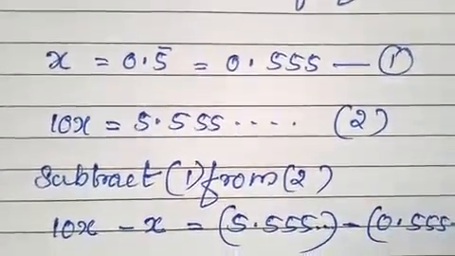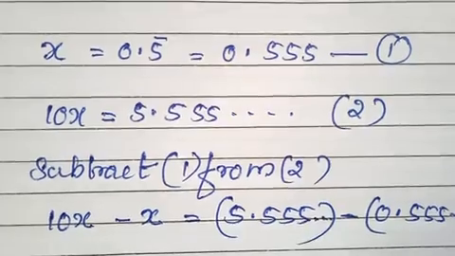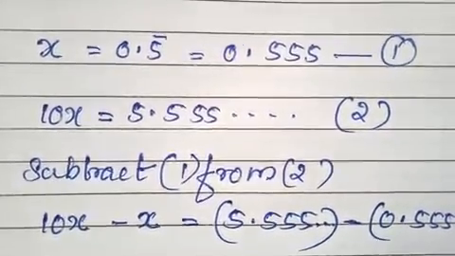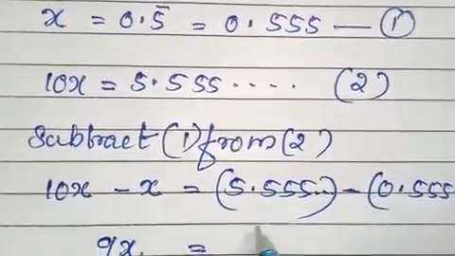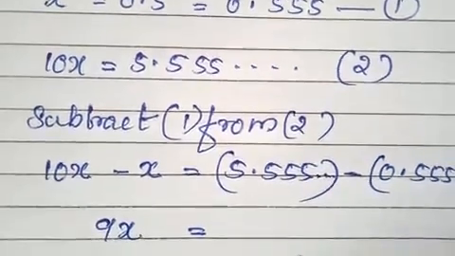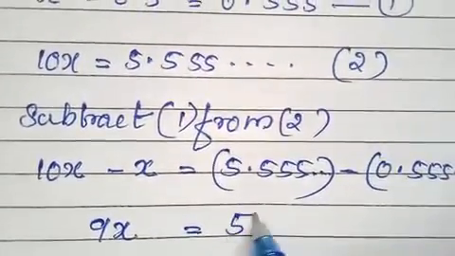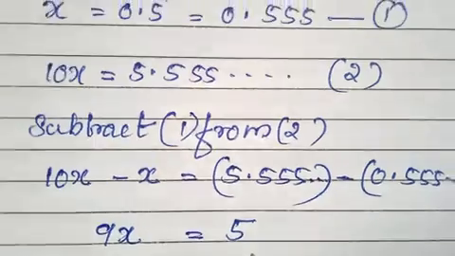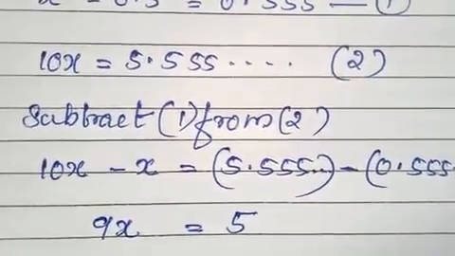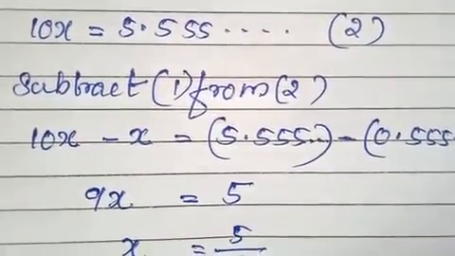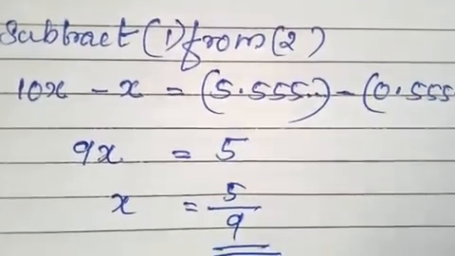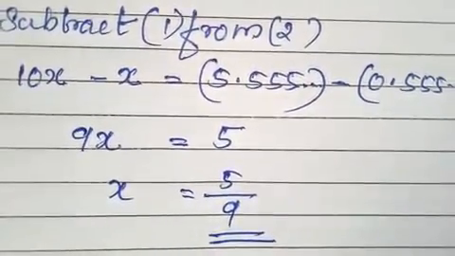Understood? Then 10x minus x, we know 10x minus 1x, will be 9x equals 5.55 minus 0.55. We will get 5 only. 9x is equal to 5. Then x is equal to 5 divided by 9. Understood? In this way, we are doing the p by q form.